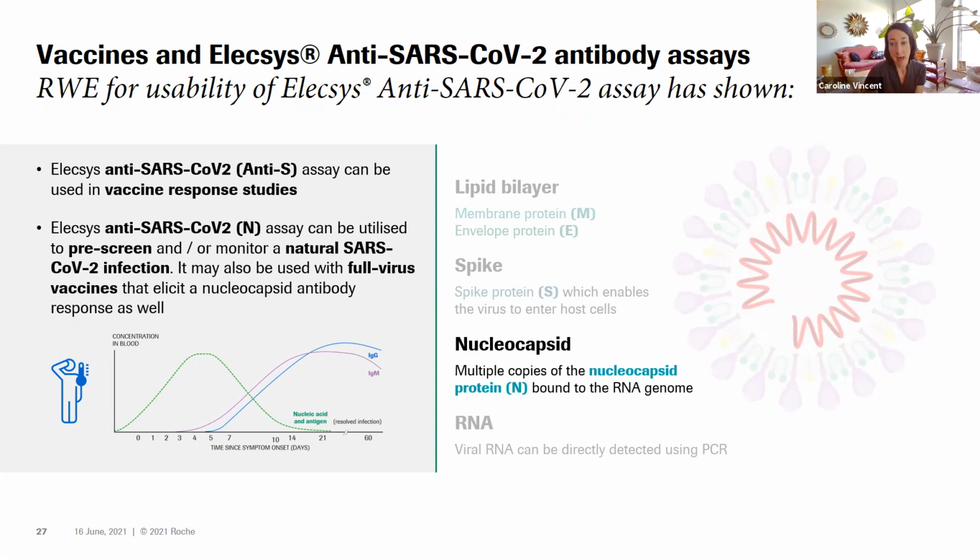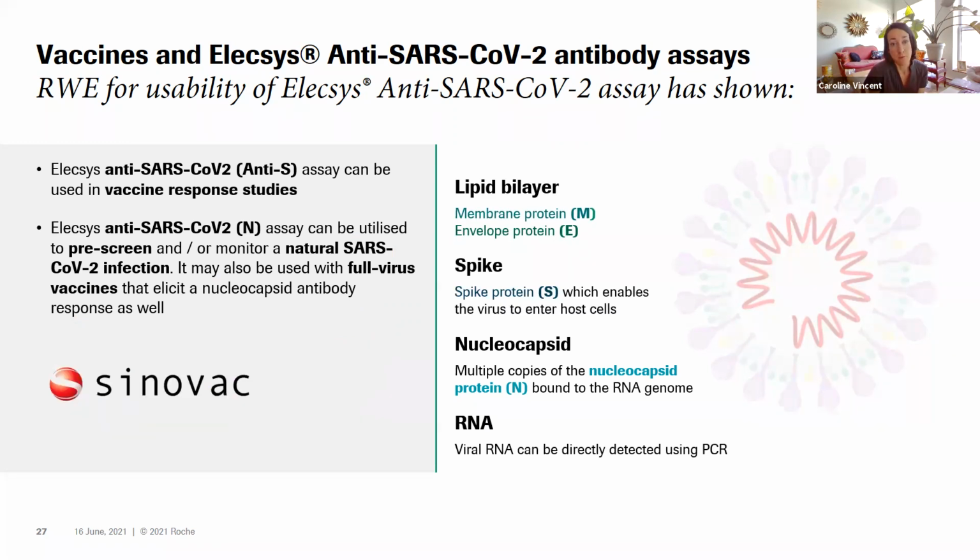The NTN assay could also be used to evaluate antibody response after vaccination with whole virus vaccines, like the one from Sinovac. These whole virus vaccines will elicit an antibody response to both the spike and nucleocapsid, and so they could be used, but this vaccine is not currently approved for use in Canada.